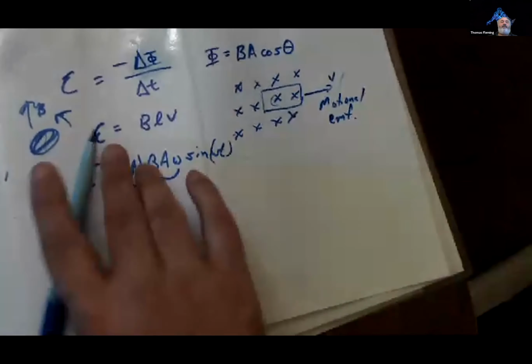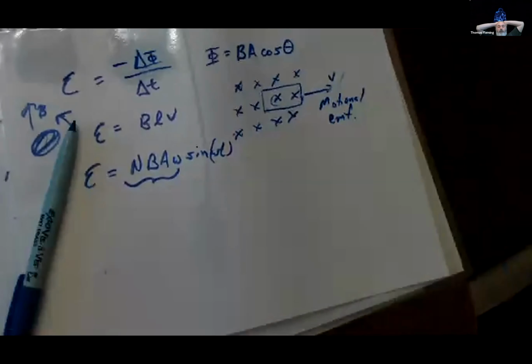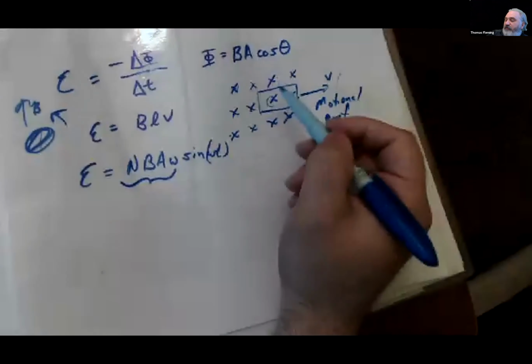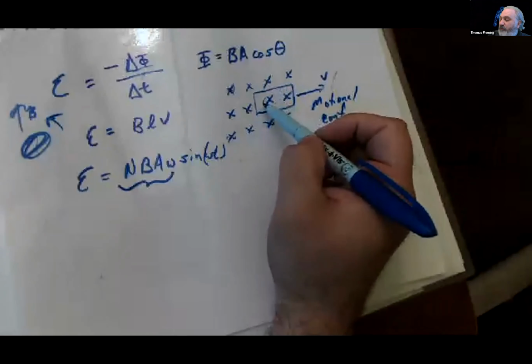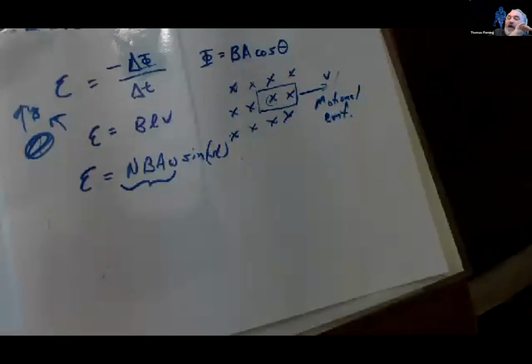It happens when you move an object around in a magnetic field that's not uniform. So here, I'm moving this loop around, but I'm in a place where there is a magnetic field, and I'm moving to a place where there's not a magnetic field. And as I'm emerging from one place to the other, I will get an EMF in response.